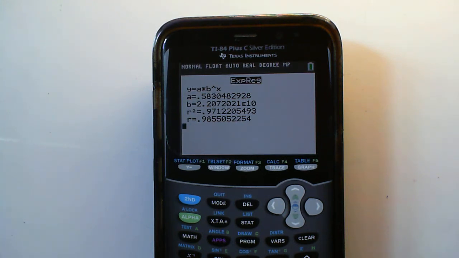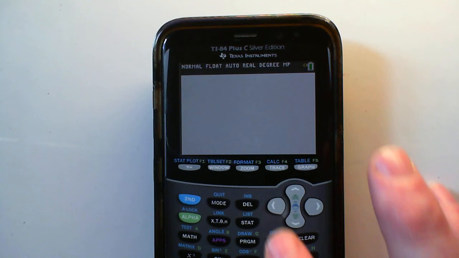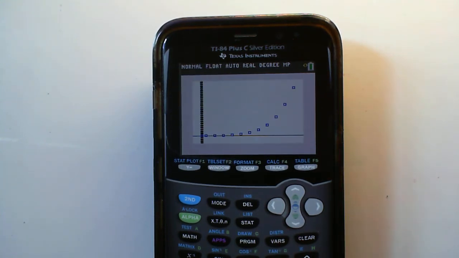So we have an r squared value of 0.97, an r value of 0.98. So this is extremely strong exponential regression. Since I put it in the y equals, if I zoom 9 now, I see that there's my data and my model is very, very true to that data set.